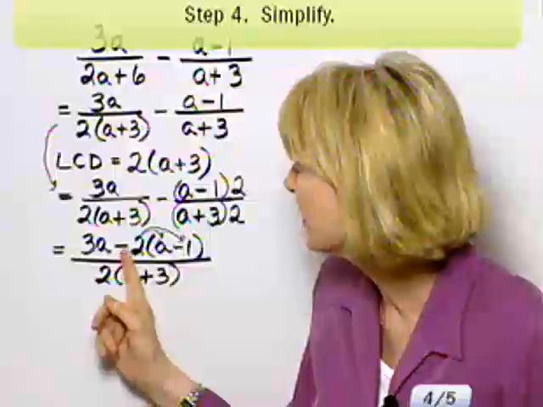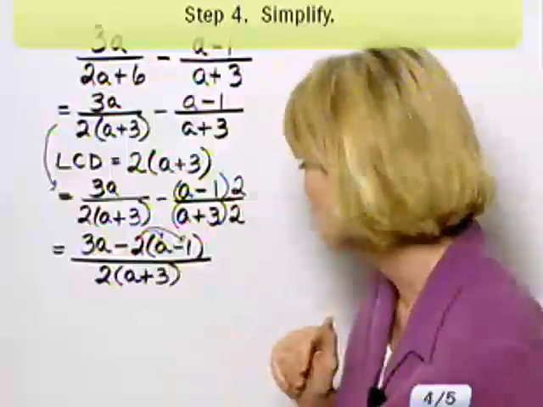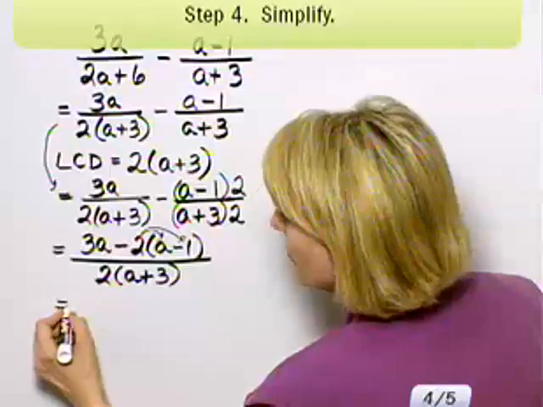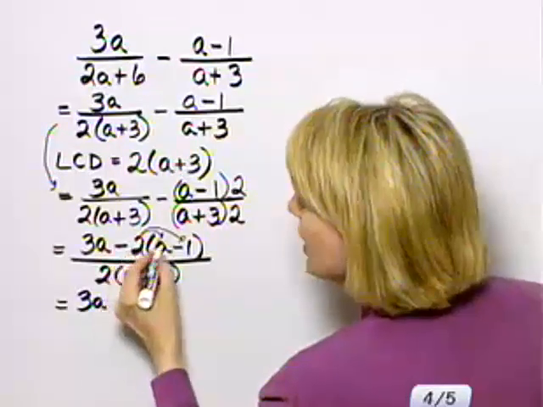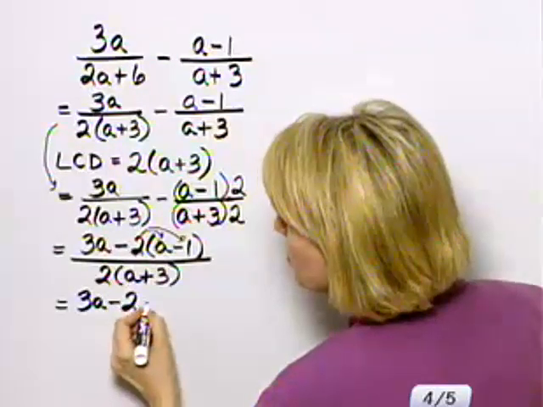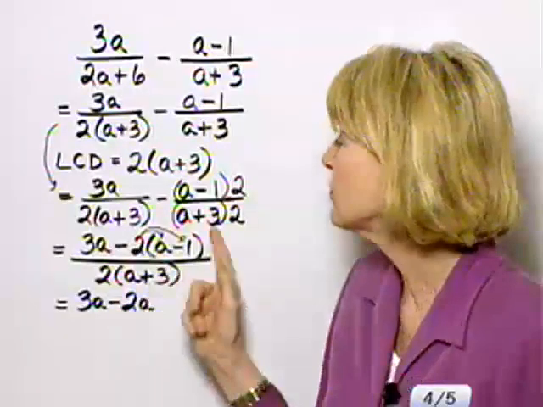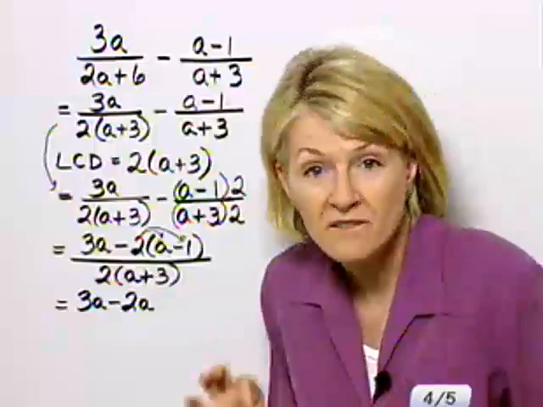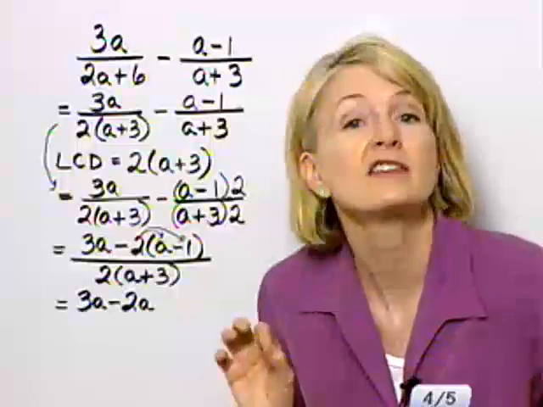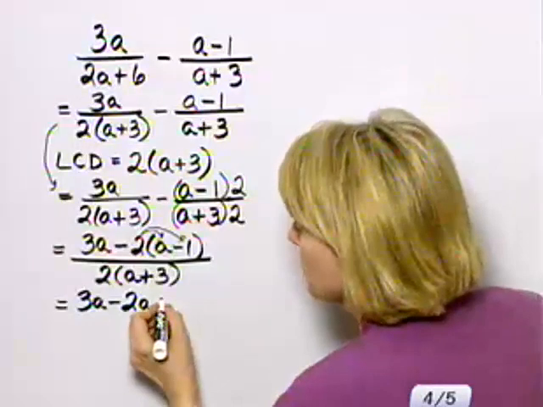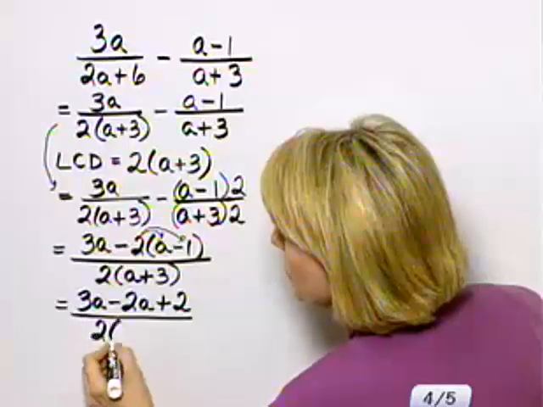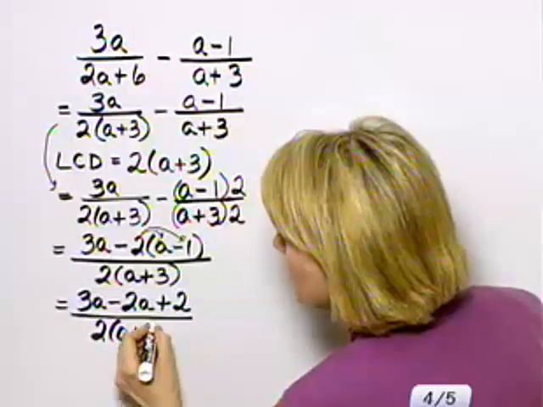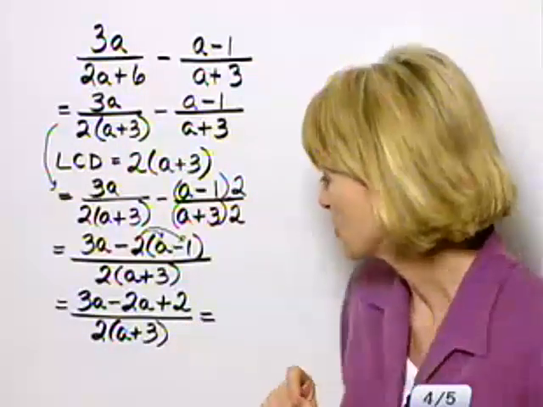We are subtracting, so that does distribute. So we have 3a, now that's minus 2 times a, so that's minus 2a, and then negative 2 times negative 1, very, very important here, that's positive 2. So that's plus 2 all over 2 times a plus 3.